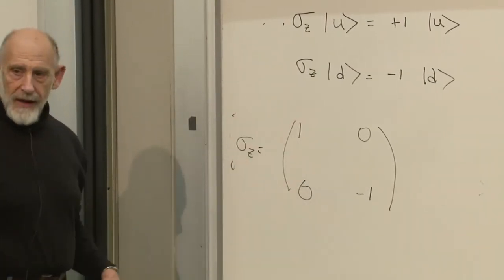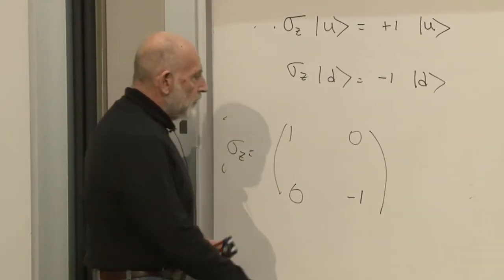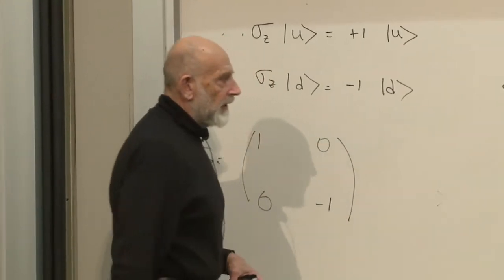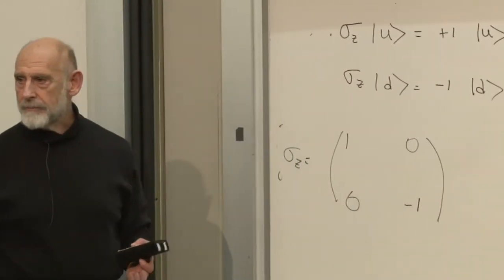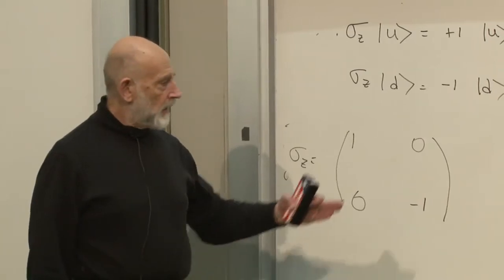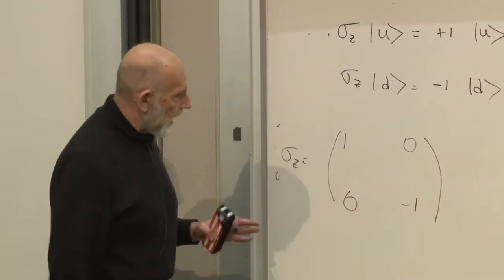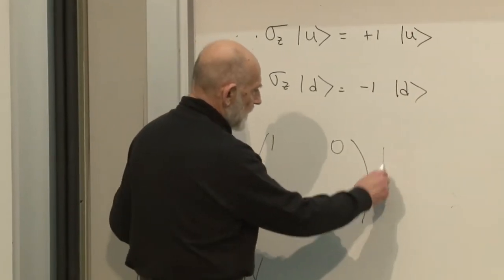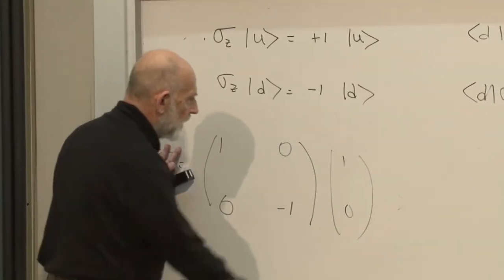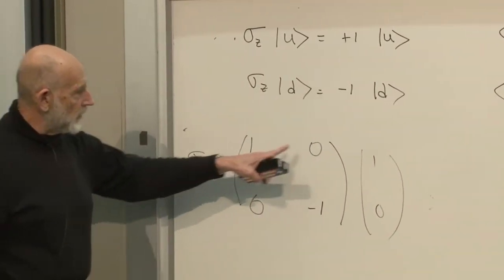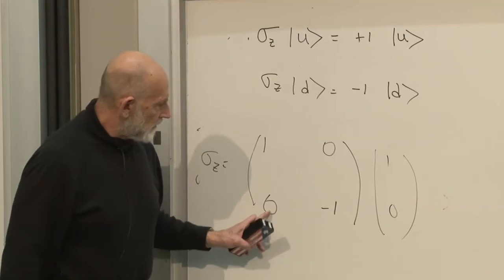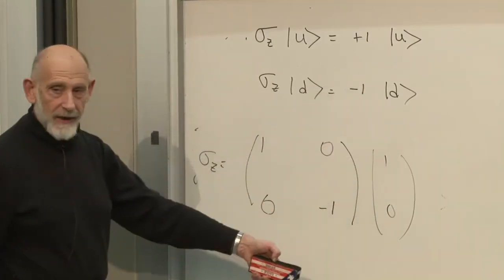When it acts on a column vector, in particular, what is the column vector that's associated with up? It's just a 1 in the top and a 0 in the bottom. All right, so let's just try this. 1, 0. What do we get? We get 1 times 1 is 1. 0 times 0, 0. We just get the same vector back.